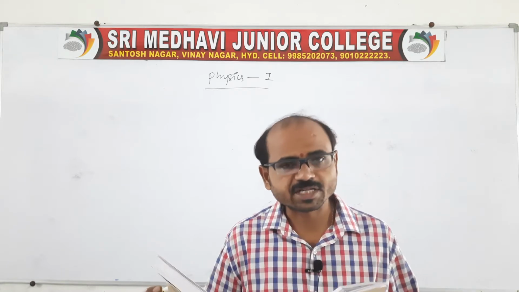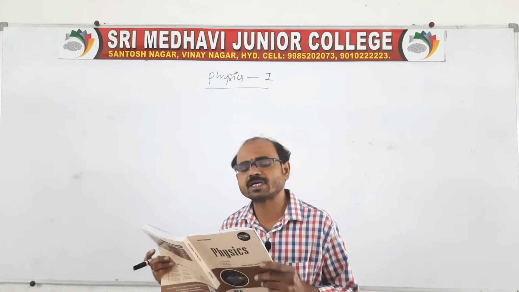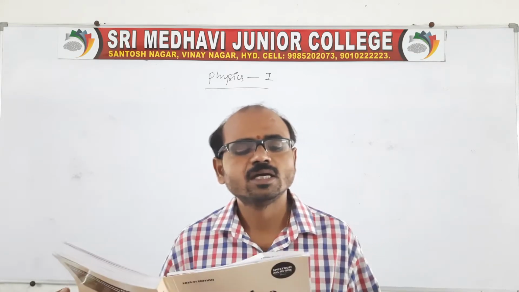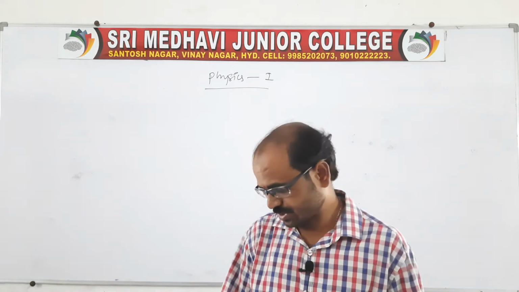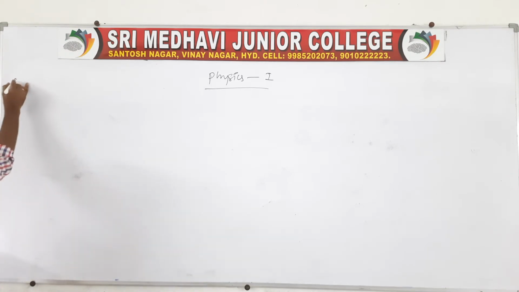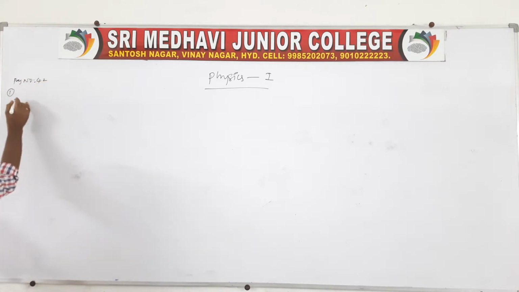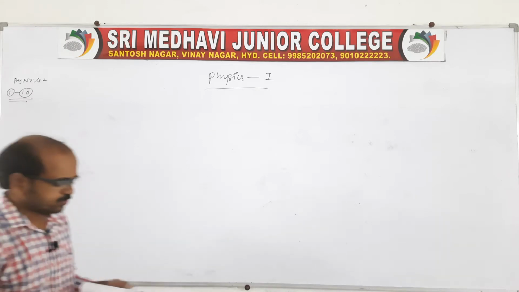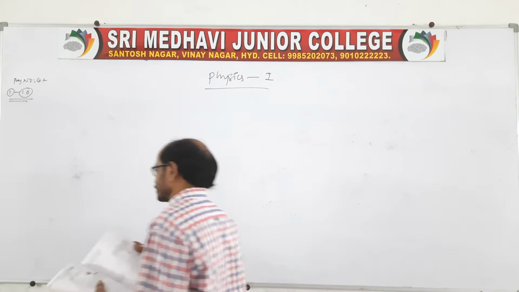When theta is 45, the question will be given like this: show that the maximum height reached by a projectile launched at an angle of 45 degrees is 1/4 of its range. Take this as one problem. It is on page number 42, question number 10.